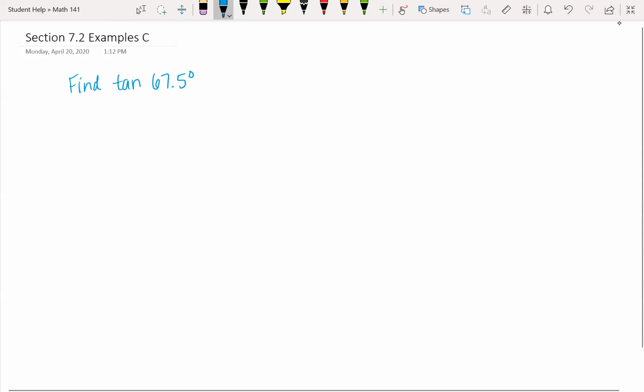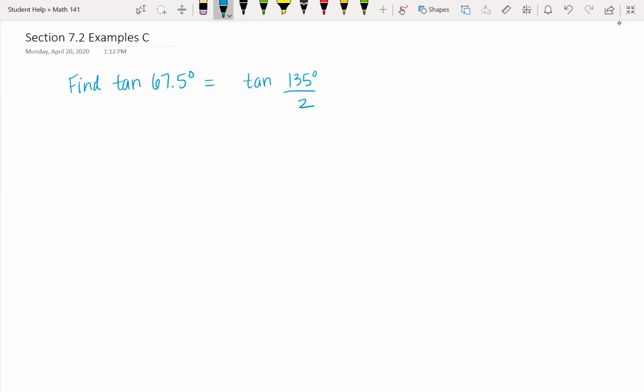So instead of writing this as 67.5, I'm going to write it instead as 135 divided by 2. That's a different way of writing 67.5.